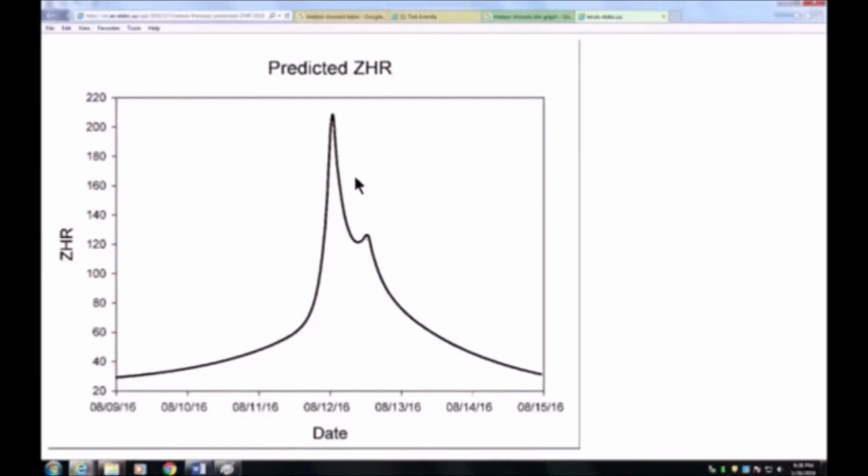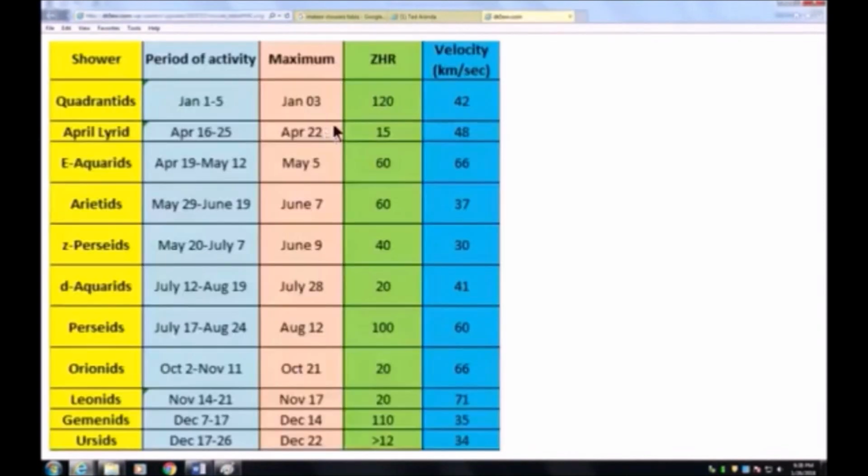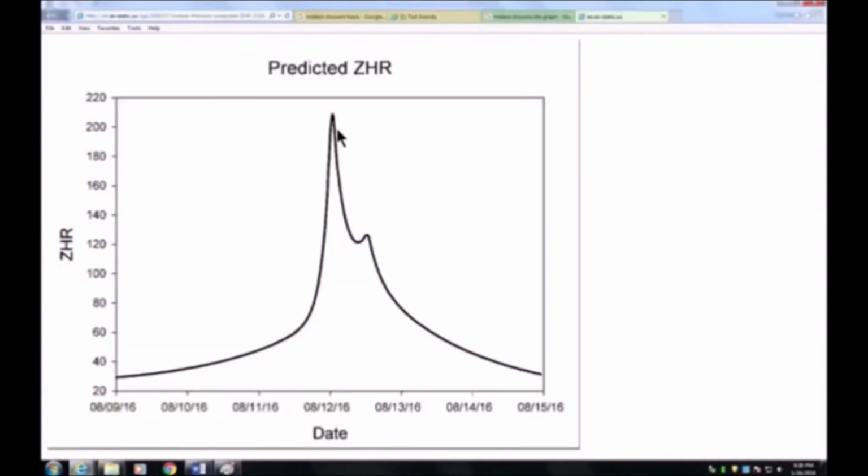And so as the Earth goes through the path of the comet, the number of particles that we hit increases to a peak. All right, but that peak is what's shown here. These tables show the peak, but of course we're not always at that peak.